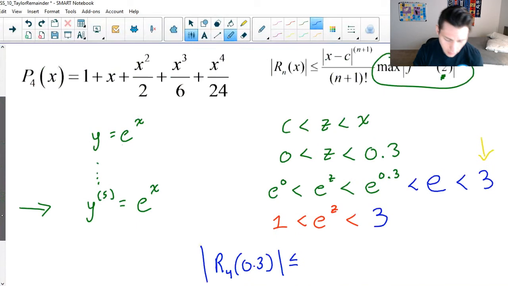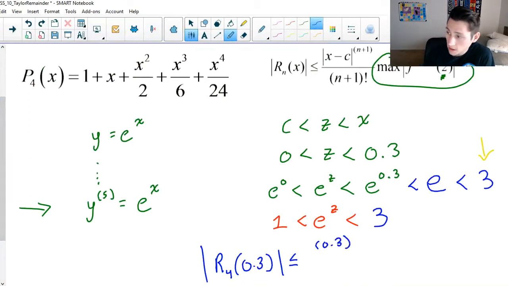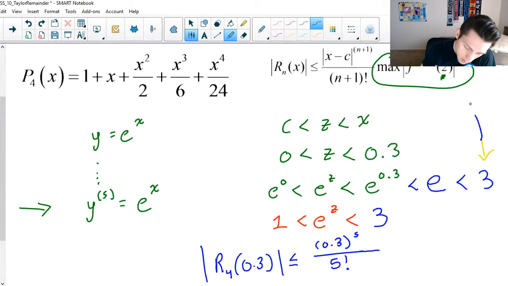The absolute value of x minus c, so 0.3 minus 0, 0.3 to the power of n plus 1, so to the fifth power, divided by n plus 1 factorial, so divided by 5 factorial, times the maximum of that fifth derivative at z, which we've intuitively determined is 3. So times 3.